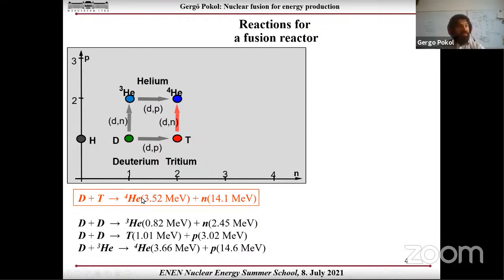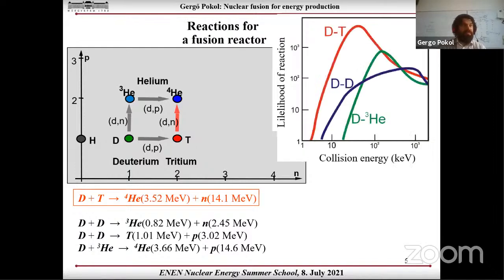But actually, it's not really the decisive factor in which reaction we would try first. The decisive factor is plotted here. It's all about the likelihood of the reaction as a function of collision energy. You can call it a cross-section of the reaction as well. And I have to note that this is on a log-log scale, okay?